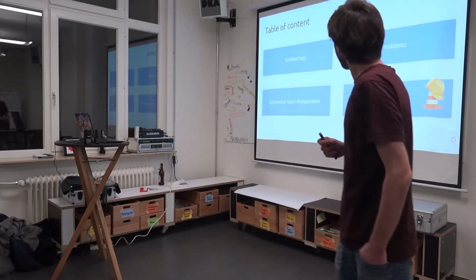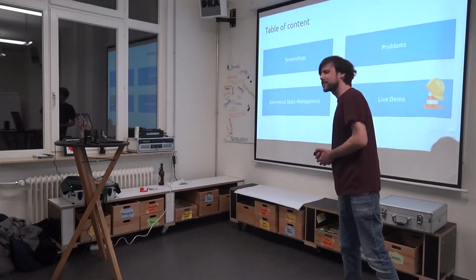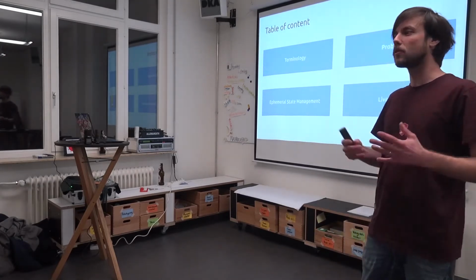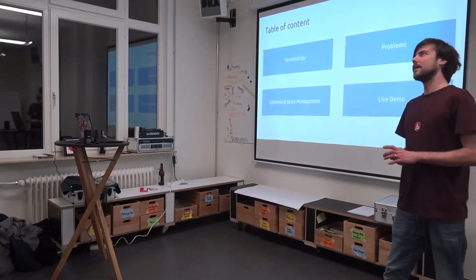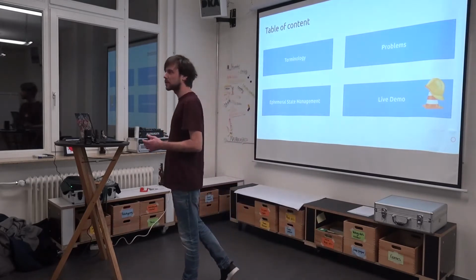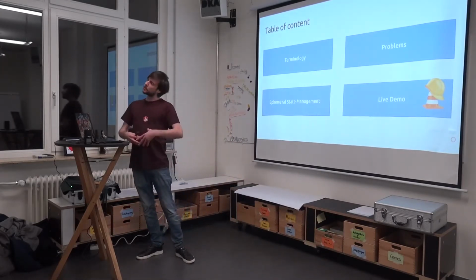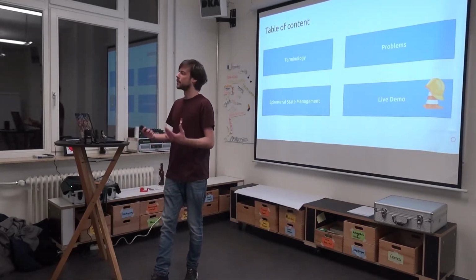Let's start. I have four-ish sections. I will talk a little bit about the terminology, because local state or component state or ephemeral state is not a well-known term. Maybe in modern things like Flutter they have it built in, but in all other frameworks, at least the reactive part of this local state management is not really well known.